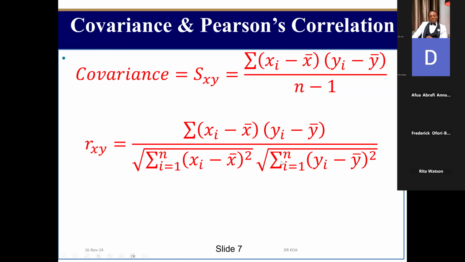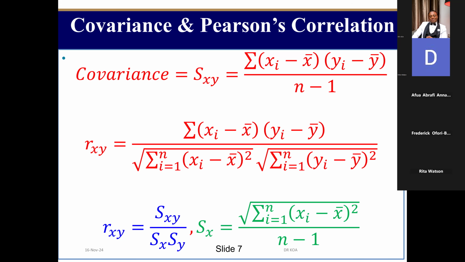Now there's another formula you can use to find the correlation coefficient. So you look at it here, you can pick the covariance here, which is SXY, and then divide that by SX and SY.